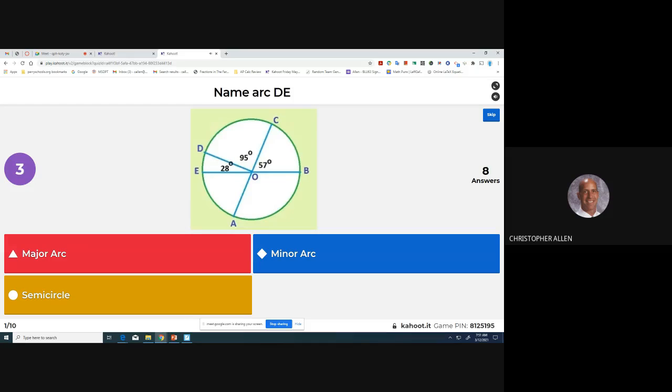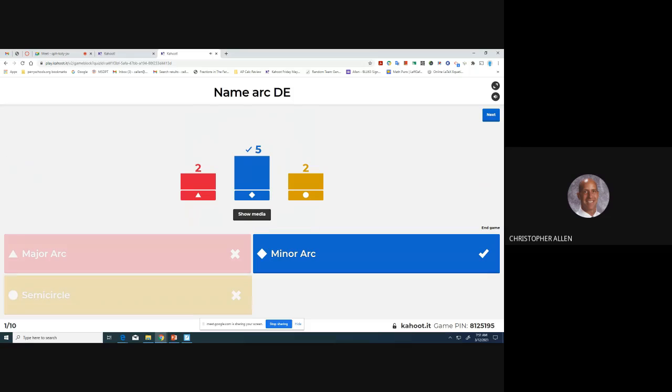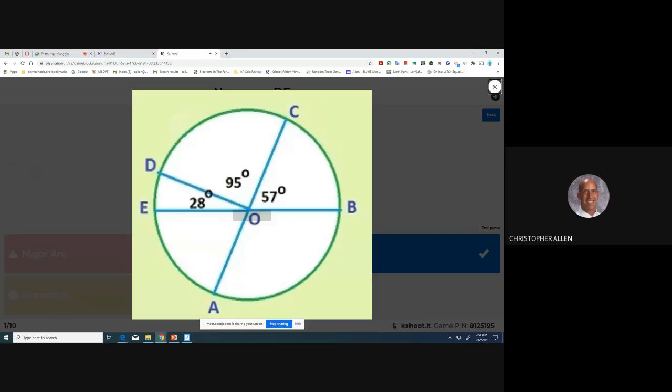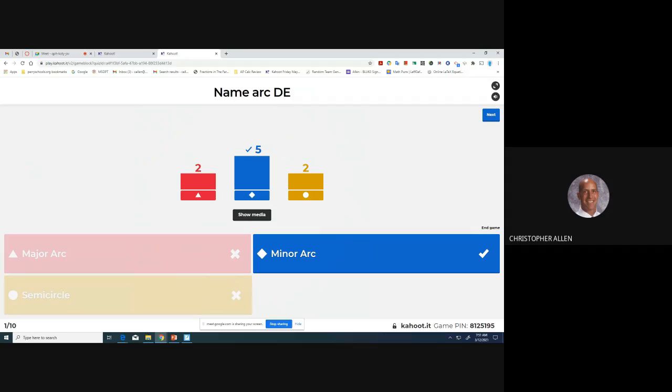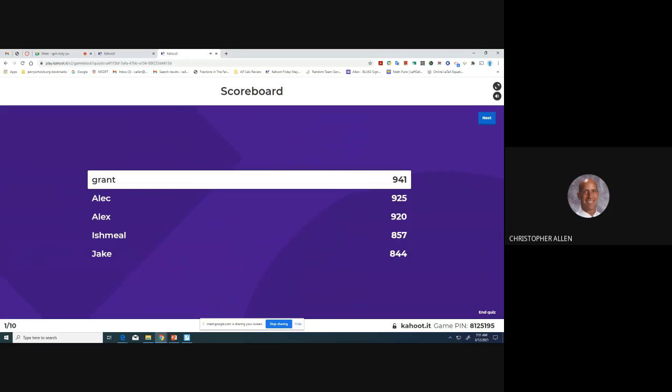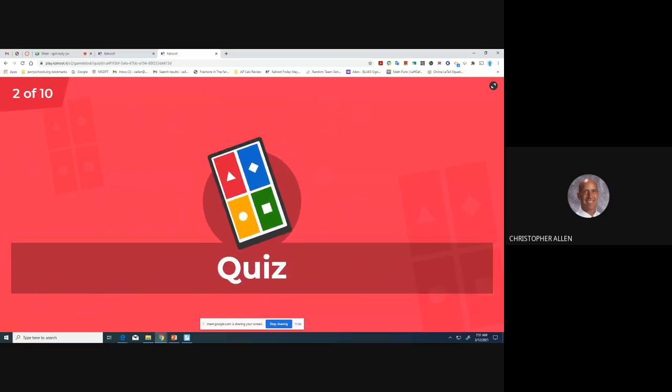Okay. This is kind of an easy one because since it said DE, you don't even have to look at it. If it's only got two letters, guess what it has to be? It has to be a minor arc. So that's kind of a quick way to know the answer without even having to look at the picture. Remember, a minor arc has to be less than a semicircle, so it has to be less than 180. Grant, you're in first place.